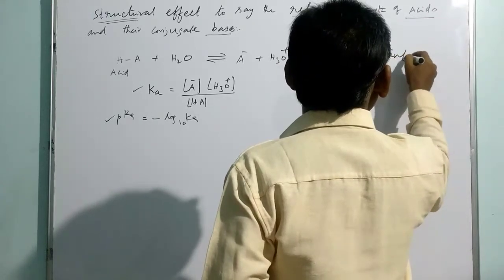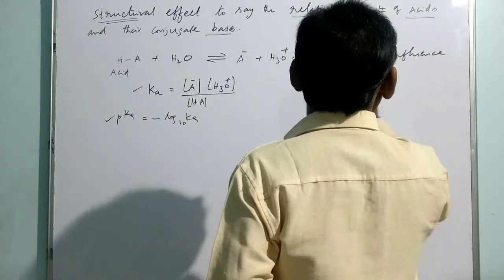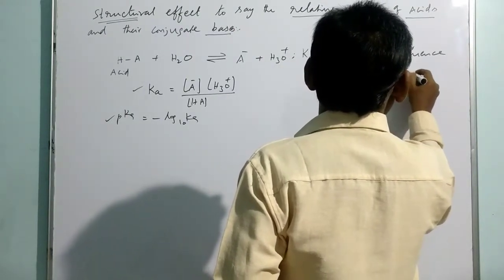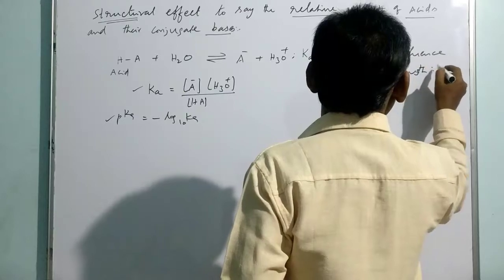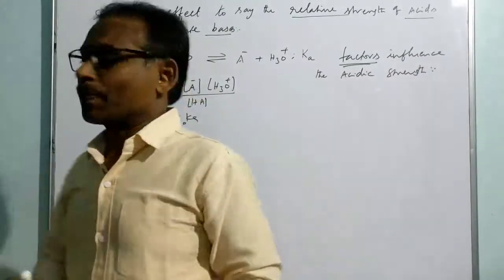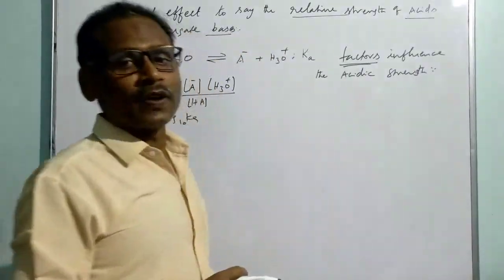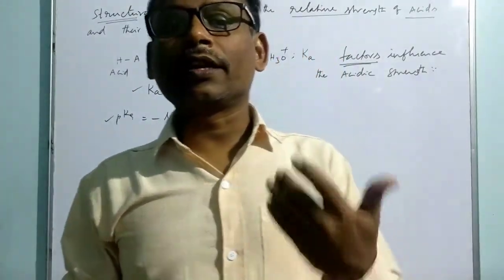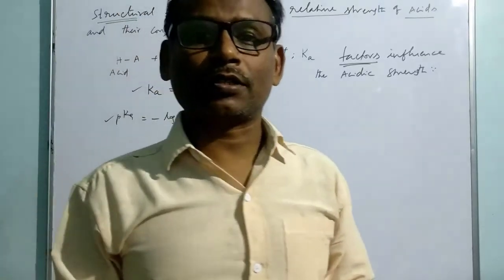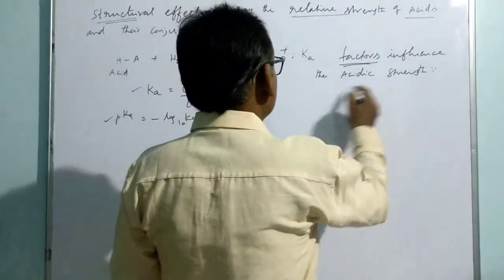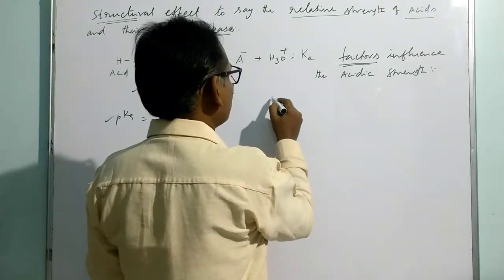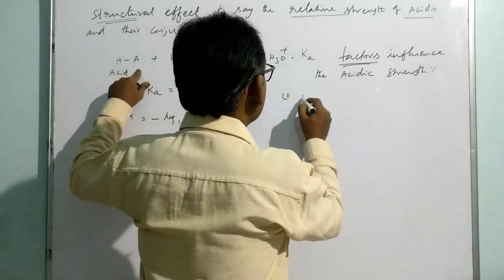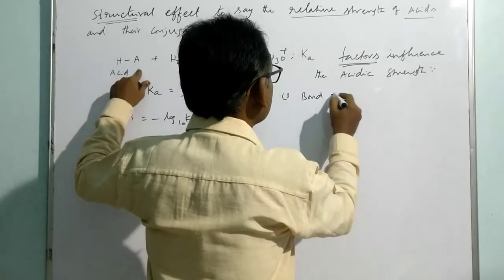Factors influencing the acidic strength of the given substance. There are different factors considered. If we are able to analyze those factors, it is helpful to say the relative strength of the given species. One of the factors is the bond enthalpy of HA, the bond energy.